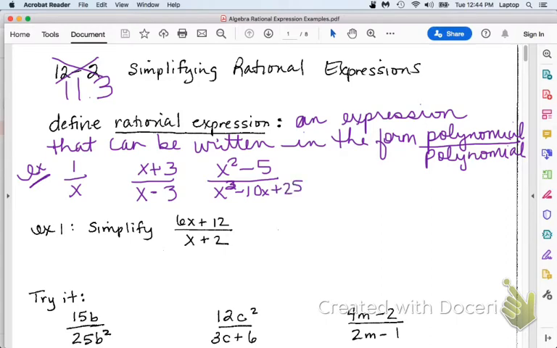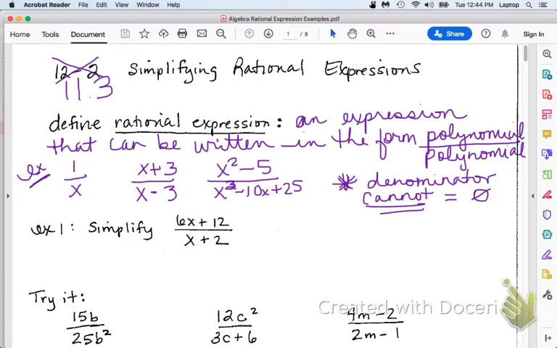So, big important here. The denominator cannot equal 0, right? And that's mainly because we cannot divide by 0.